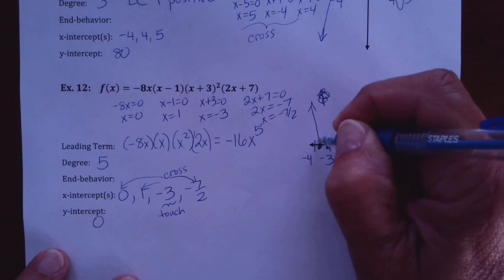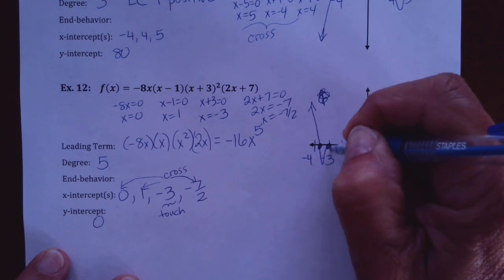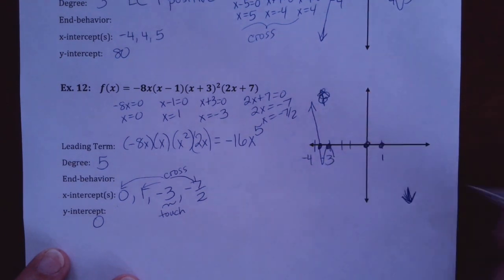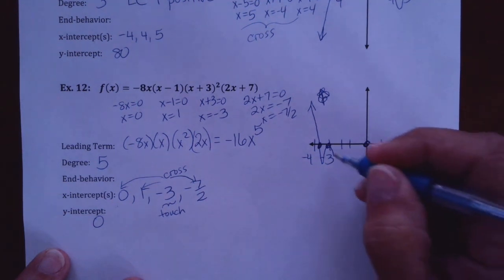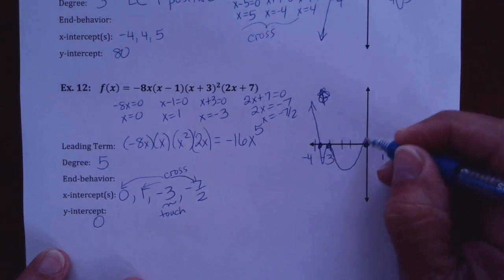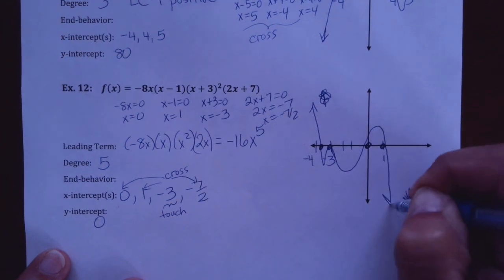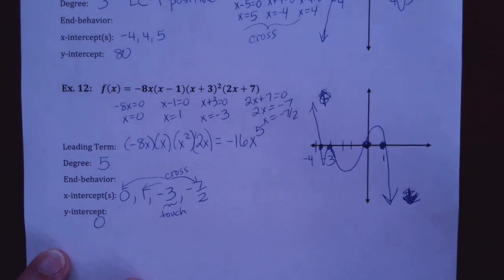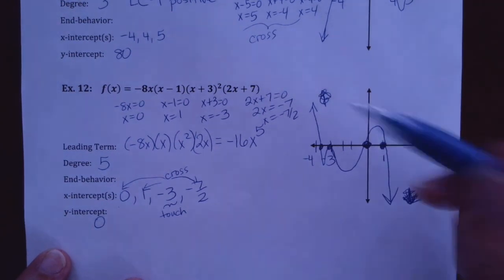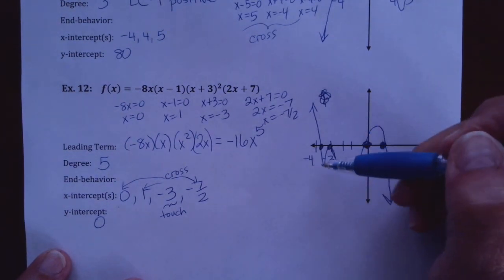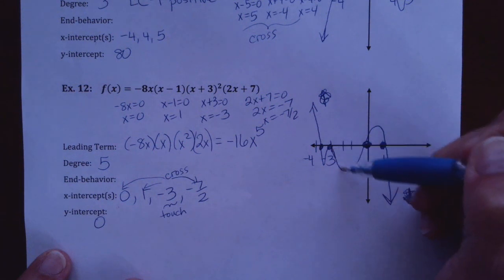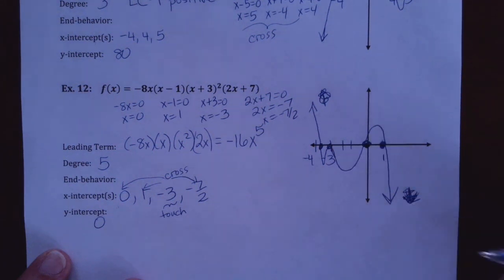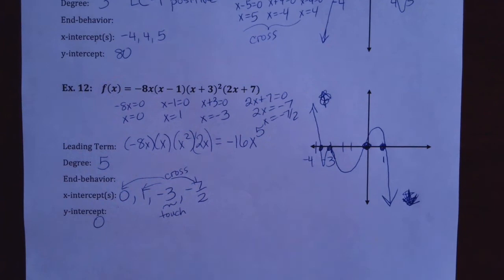So I'm going to start here, go through, touch, okay? I'm going to come back. I got to go through here, and I got to go through here. Sometimes my arrows don't line up, but they tell me where I got to start and end. All right, so go through, we touched here, and then through and through, okay? So there's a graph again, not exact, but close.